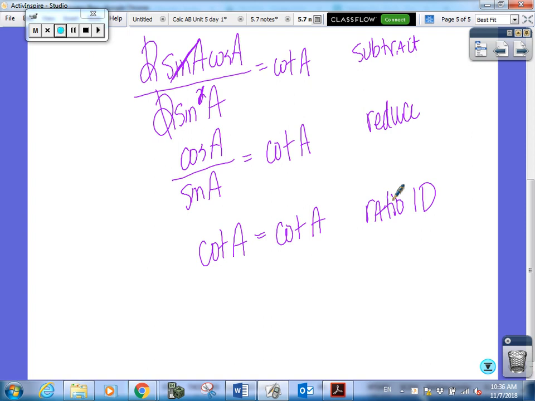They are completely different. Ratio deals with changing sine and cosine, or tangent and cotangent to sines and cosines, or vice versa. The reciprocal deals with sine and cosecant are reciprocals, secant and cosine are reciprocals, and tangent and cotangent are reciprocals. Right? So that is more proofs with the double angle and sum and difference.